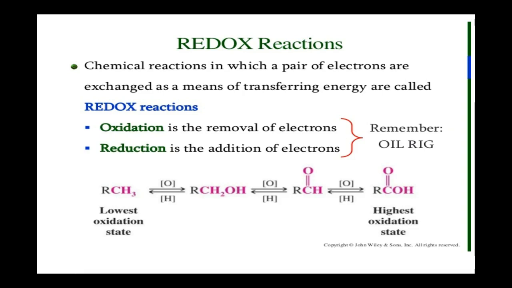And what you're doing is adding oxygen to it as you move from the left to the right. So you're going from the lowest state of oxidation to the highest state of oxidation. Then if you go back the other way, I guess I shouldn't say energy because I shouldn't introduce that term right now.